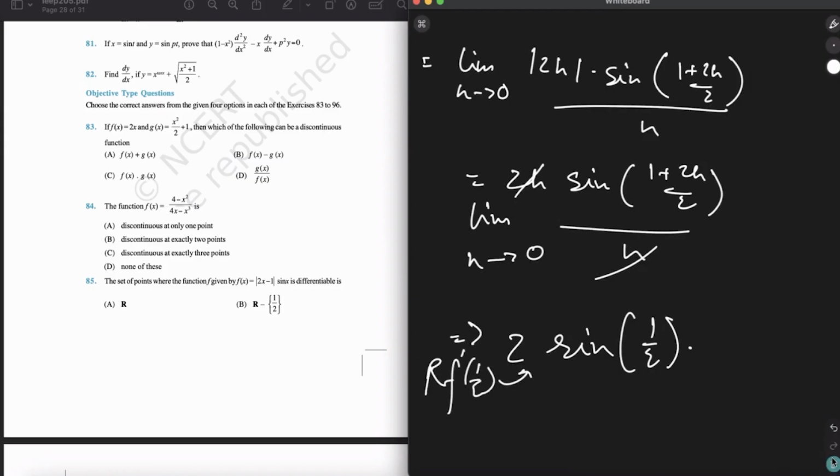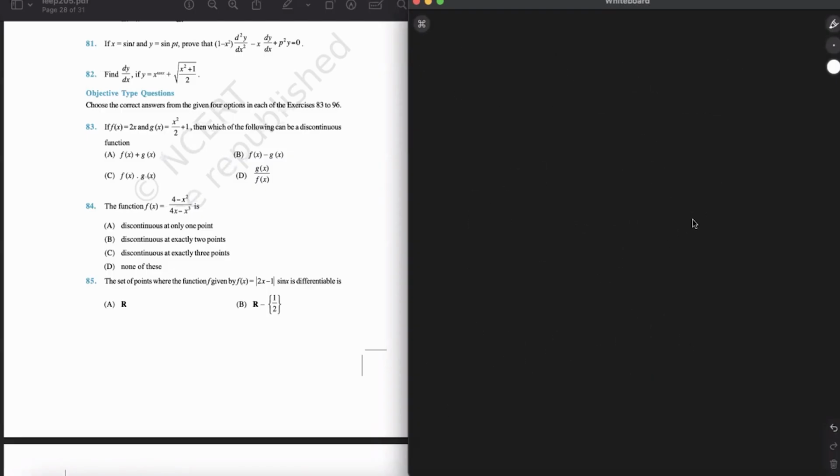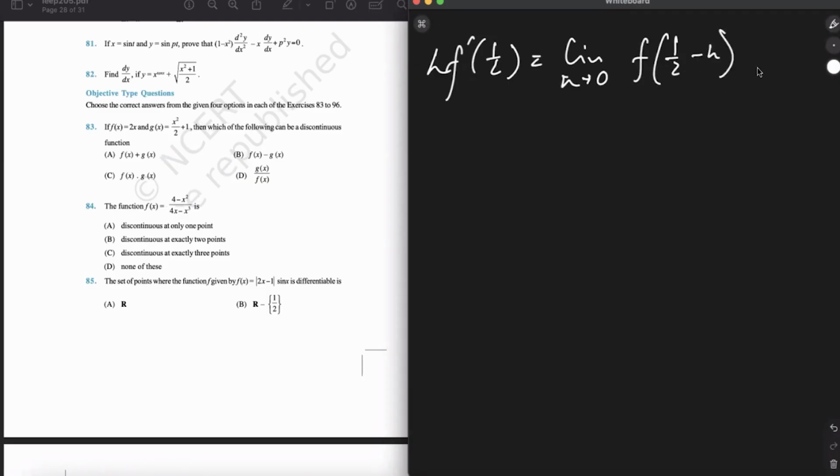Now, if I find the left derivative at half and they both come out equal, then we can say that the function is differentiable at that point. So limit h tends to 0, same formula, f of half minus h minus f of half, whole divided by minus h.